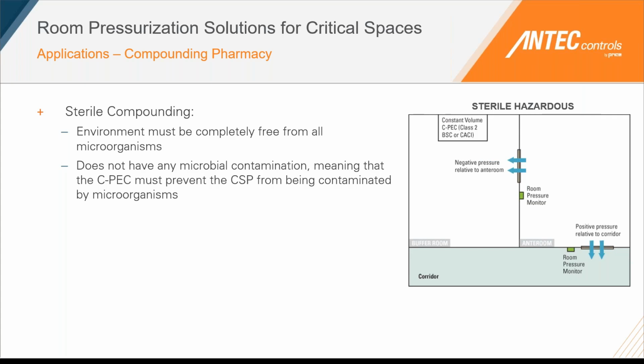On the other end, with sterile compounding spaces, these spaces now have to be clean from all types of microorganisms. So you're going to see them have a higher requirement for that ISO class rating. Again, with these spaces, depending on your configuration, be it a hazardous space or non-hazardous space, they have slightly different specifications for each.